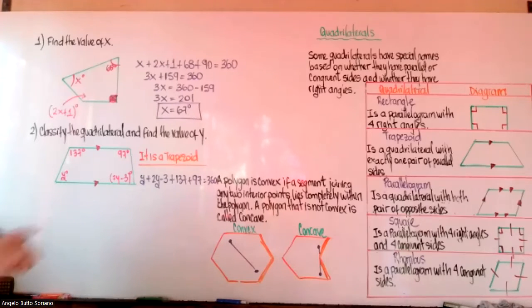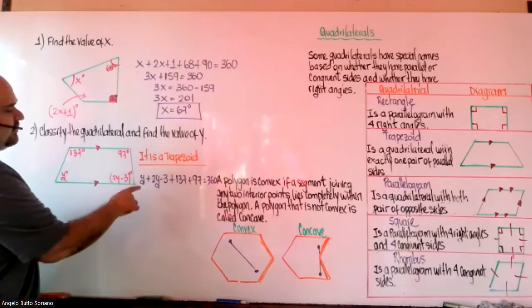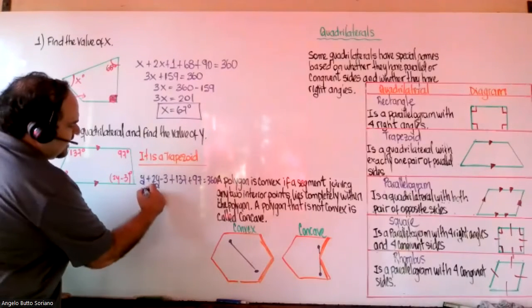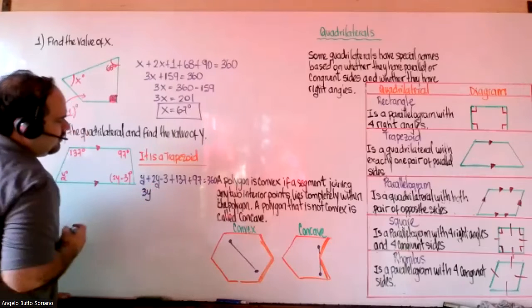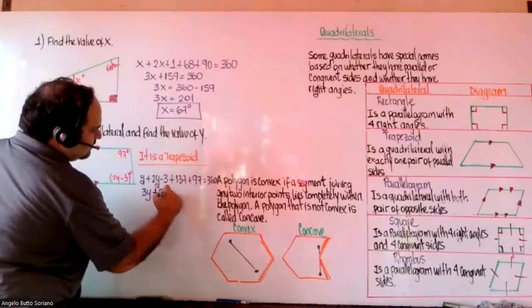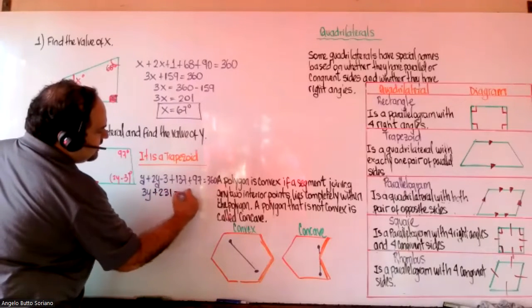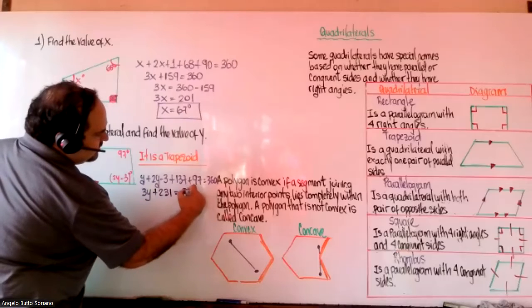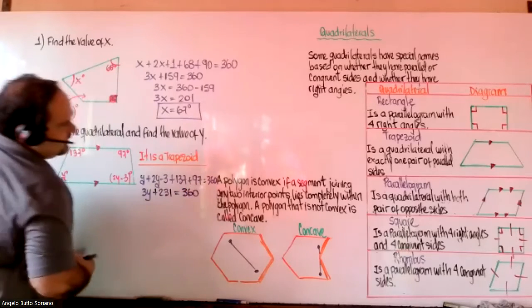Now let's reduce this expression and apply like terms. 1y plus 2y, we have 3y. Now, the addition of -3 plus 137 plus 97 will be 231, and that will be equal to 360.